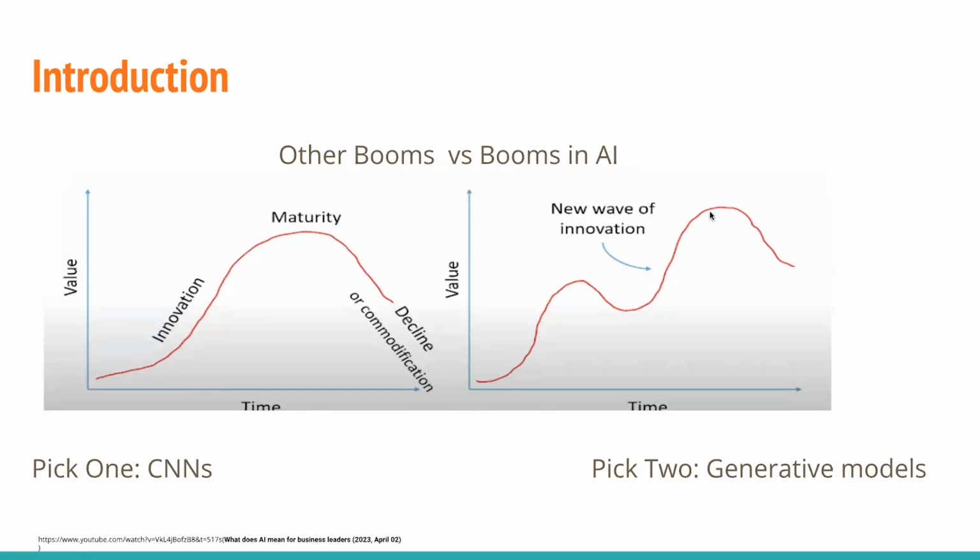But now generative AI is the next boom that AI is seeing. AI is a branch which is expected to have many peaks, unlike other technologies which get saturated over time.